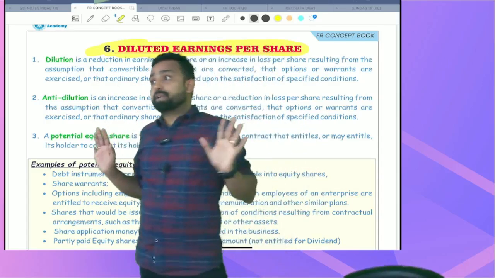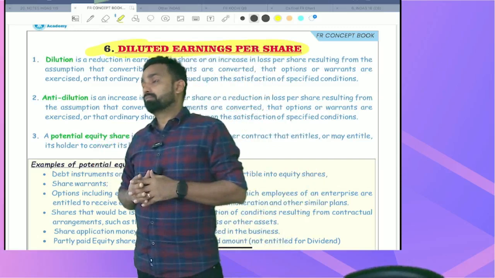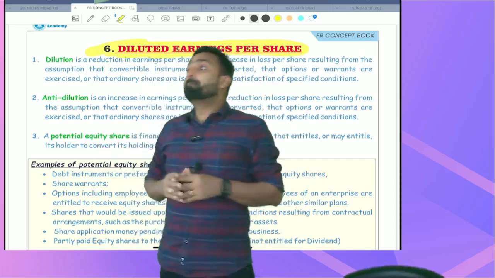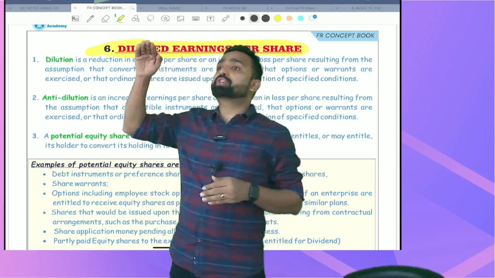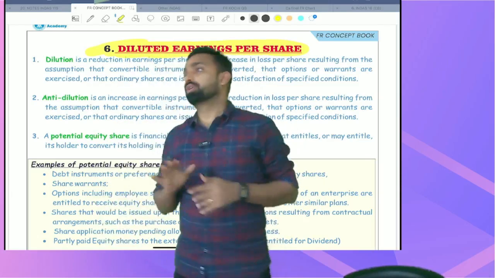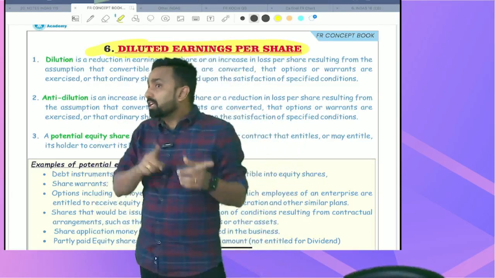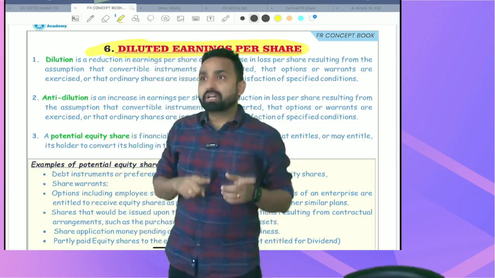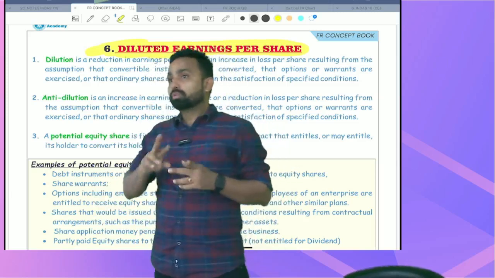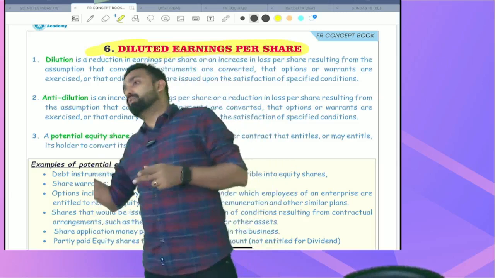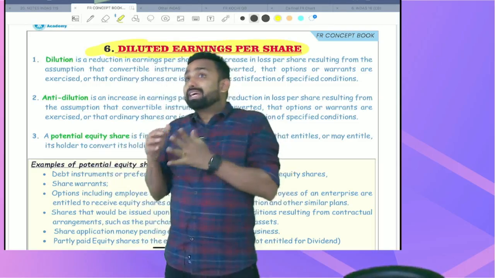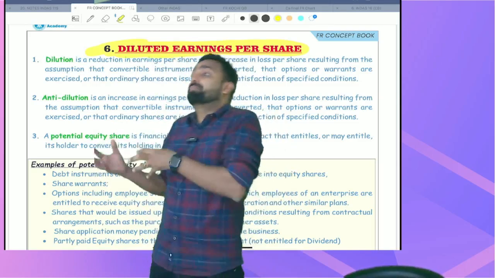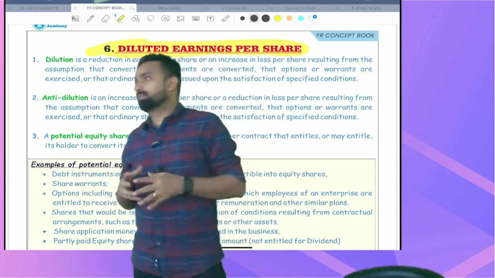If this happens, maybe our earnings per share gets diluted because of their conversion into equity. The conversion may not affect the existing earning.